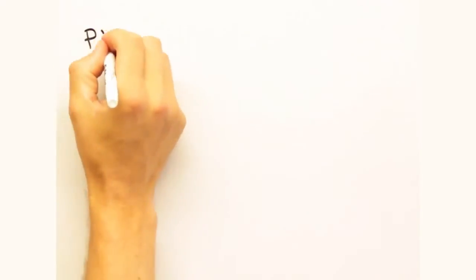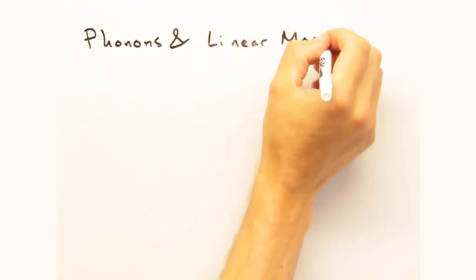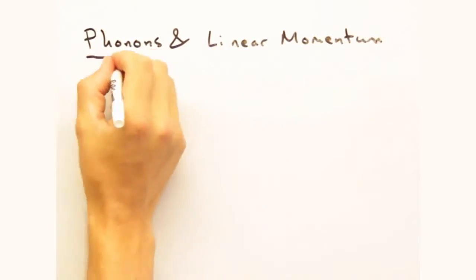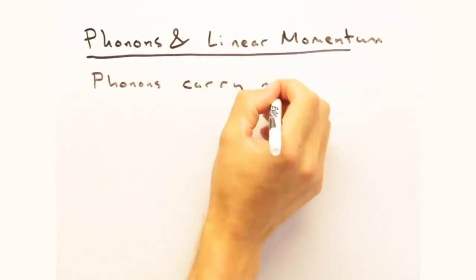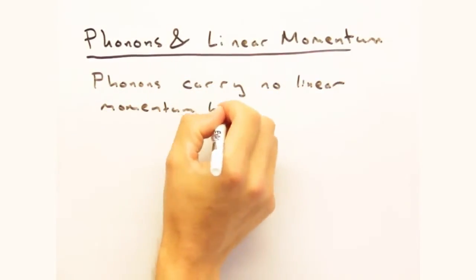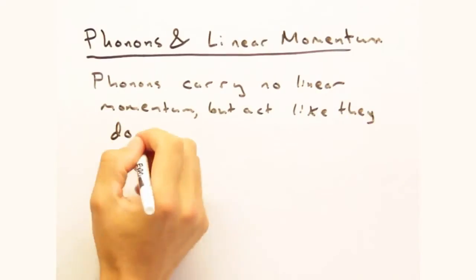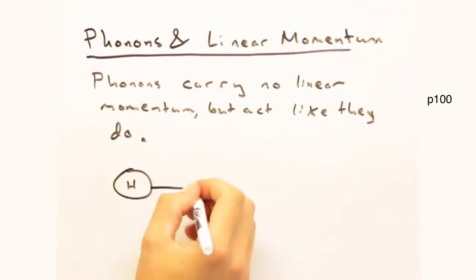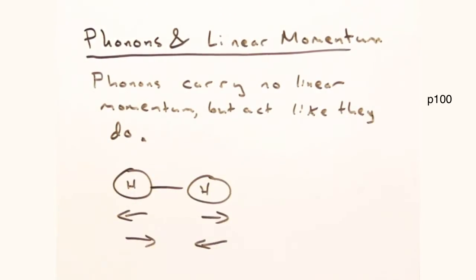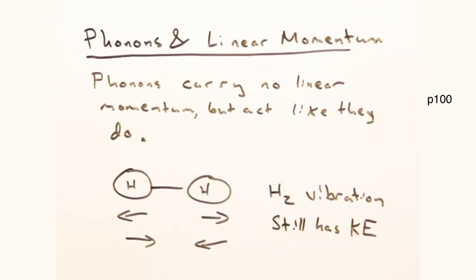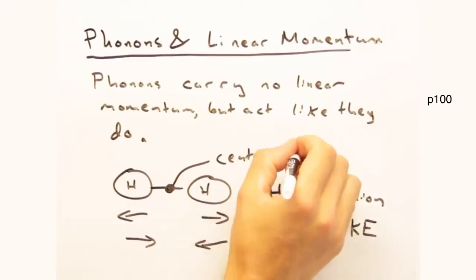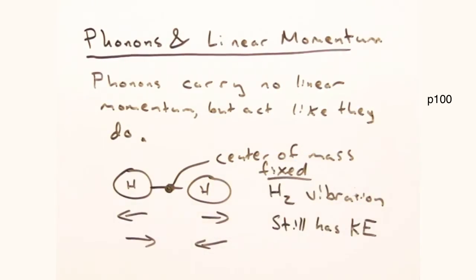This brings us to part 2 of this screencast, looking at how phonons carry no linear momentum. None? Nope, and that's why we call phonons quasi-particles. They'll interact with other particles as if they're carrying momentum, but they don't actually have momentum. It's sort of analogous to oscillating atoms in the hydrogen molecule. They have kinetic energy because of the oscillations, but the center of mass of the hydrogen molecule doesn't move.